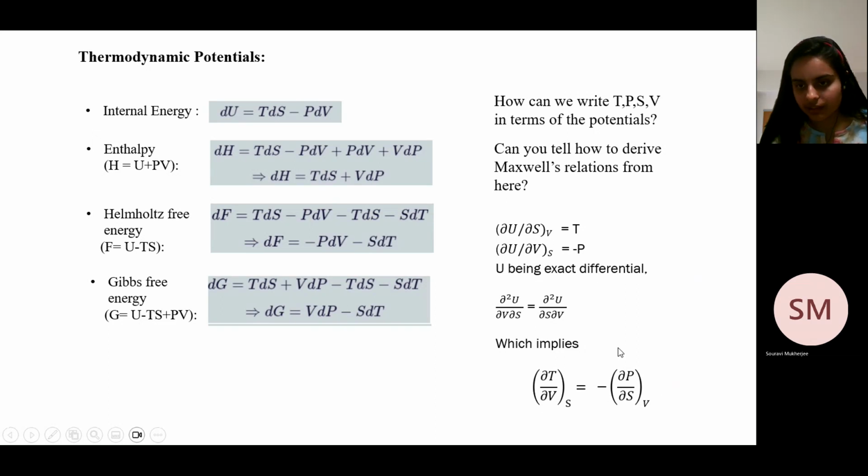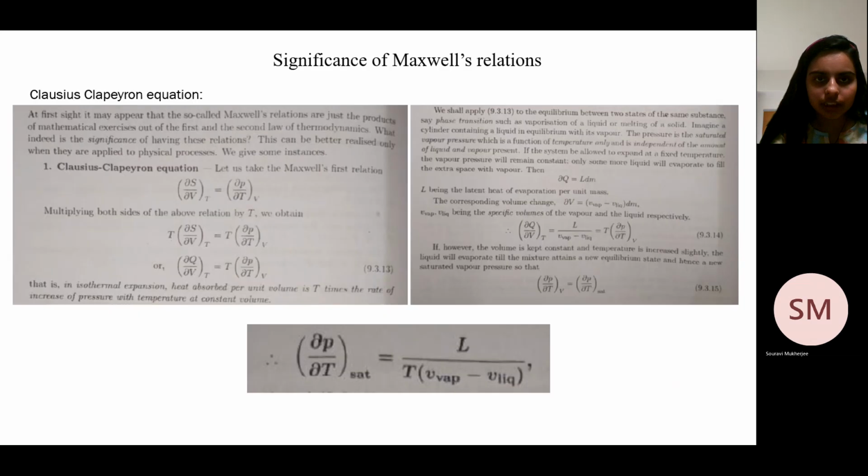That would give you this Maxwell relation. Similarly, all of these different potentials can be used to define the different Maxwell's relations. I think we did all this in the second class, or the third, I don't remember particularly, but this is how our course was proceeding.